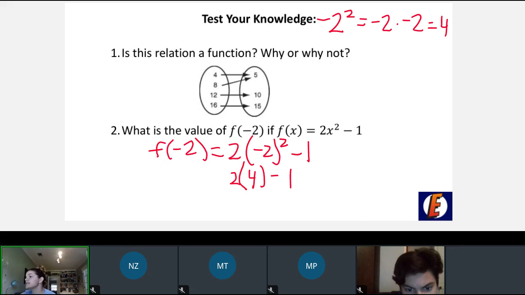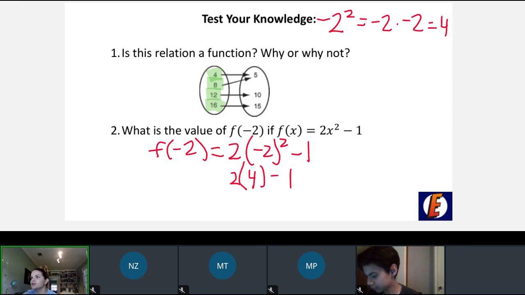Okay, so number 1 is a function because each of these x values is individual. None of those are repeating, and I don't have two pairs, two lines coming from one number.